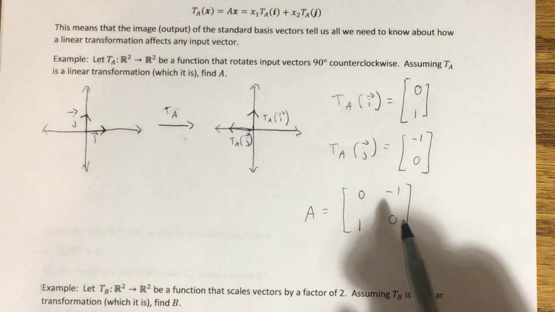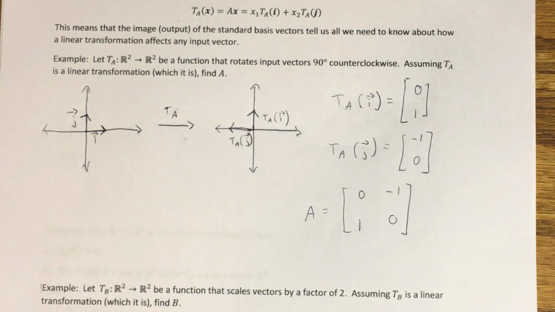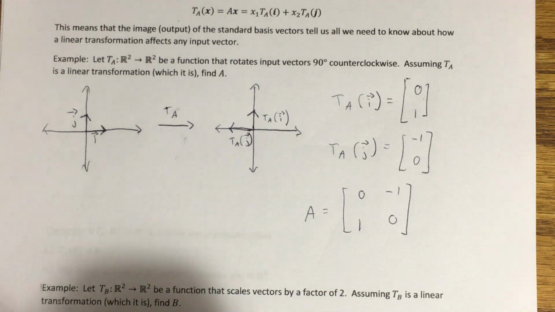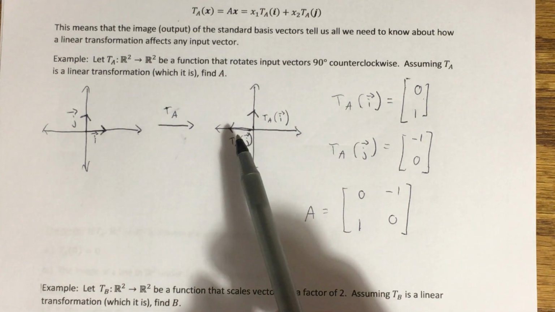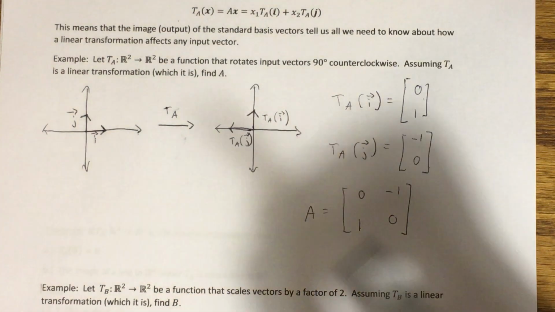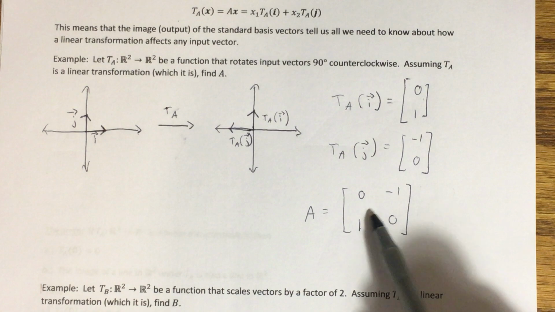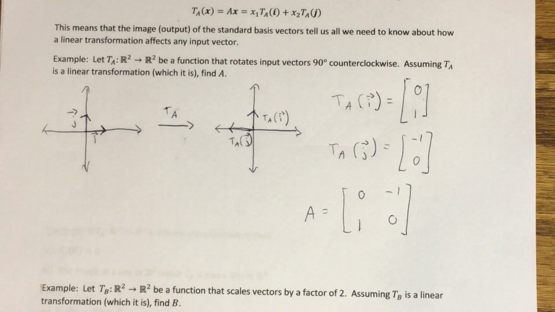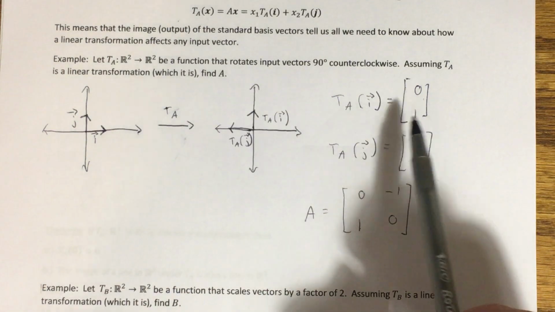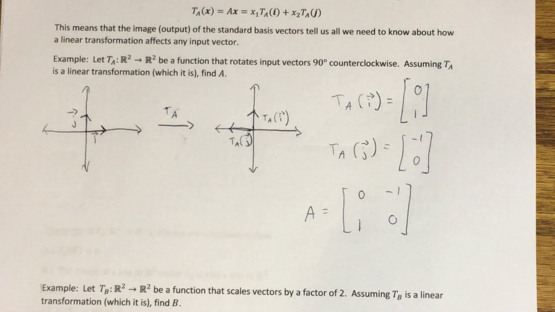Well, now if I want to take any vector in R2 and perform the same transformation on it, if I want to take any vector at all and rotate it 90 degrees, and then determine what would the component form of that new vector be after doing that rotation, all I have to do is take that vector and multiply it on the left by this matrix A. It will do that for any vector now, and all I needed to determine was how this transformation affected these two standard basis vectors.